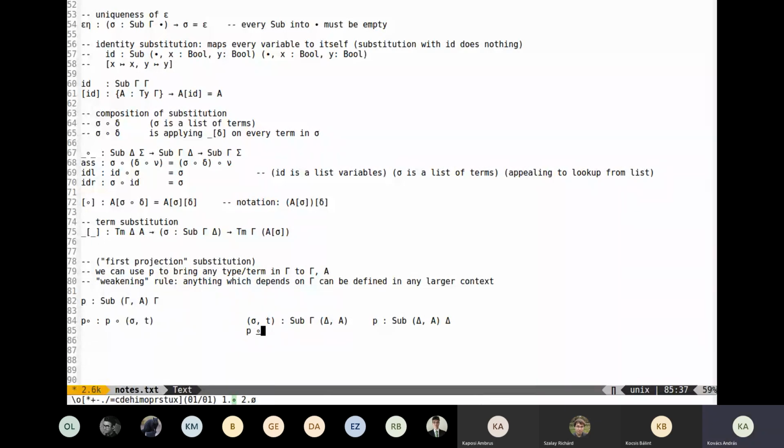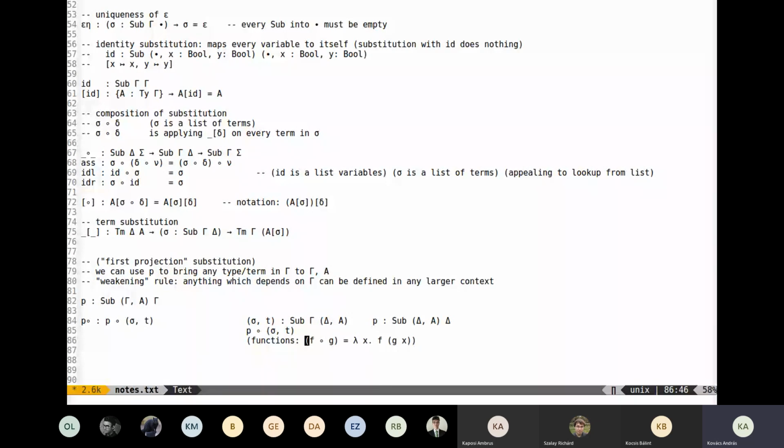So if we are performing a first projection after, the substitution can be read from right to left, the same way as function composition. With plain functions, f composed with g is lambda x dot f (g x).